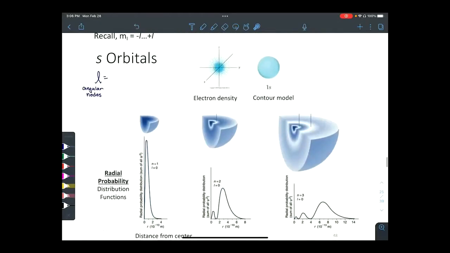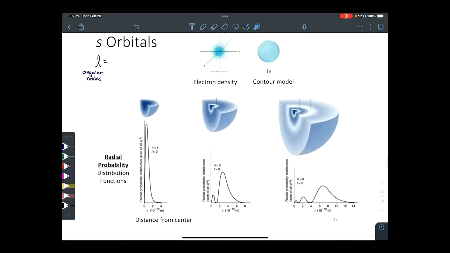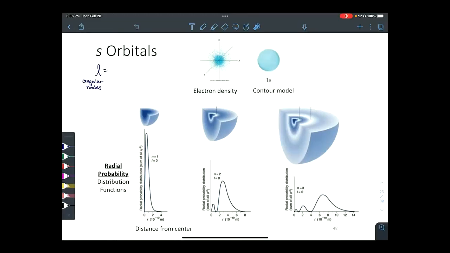All right, so let's go into details about the orbitals. You can see there's a couple different ways that we can represent orbitals. So we'll go in order here and talk about our s orbital. We talked about the shape, that it's completely spherical, meaning that the probability of finding an electron in an s-type orbital is in this spherical shape, some certain radius away from the nucleus.